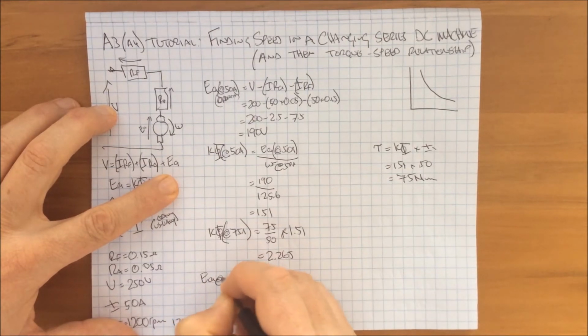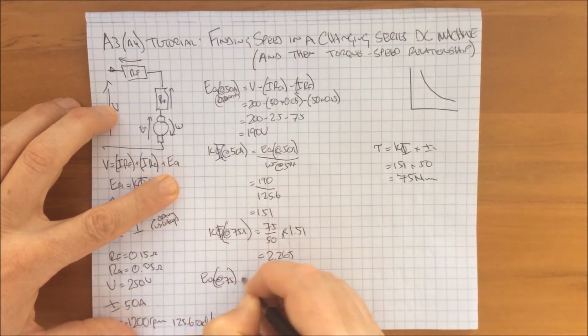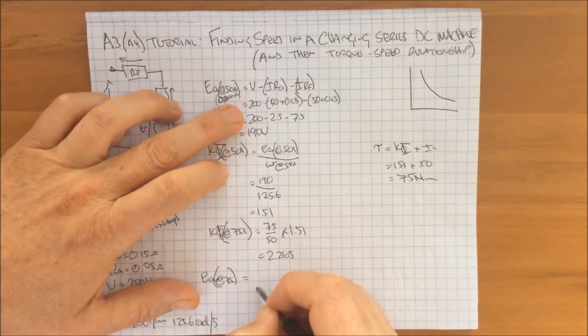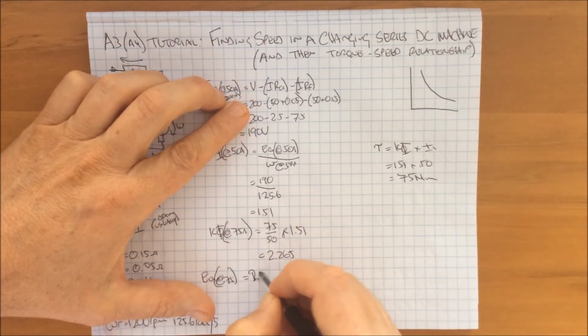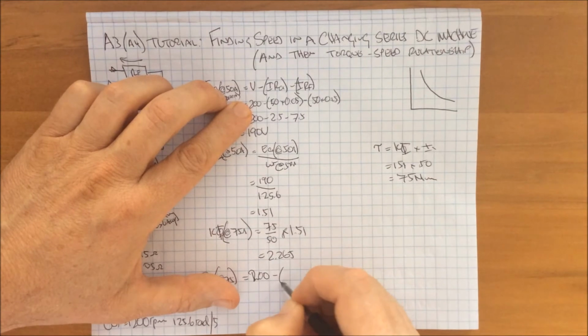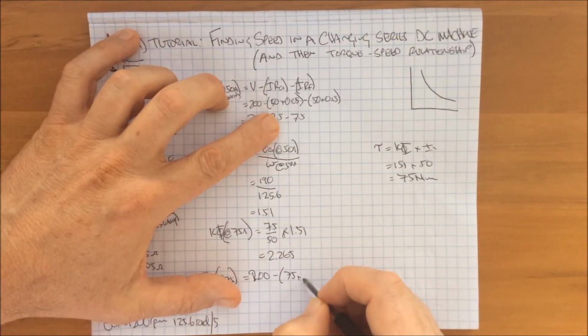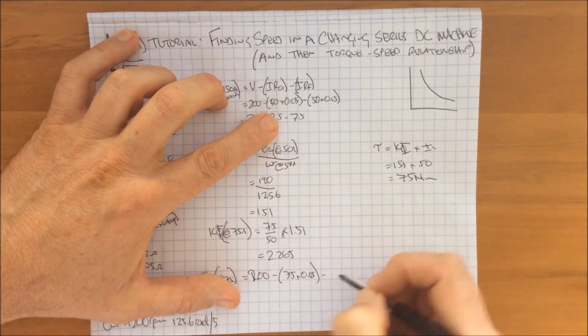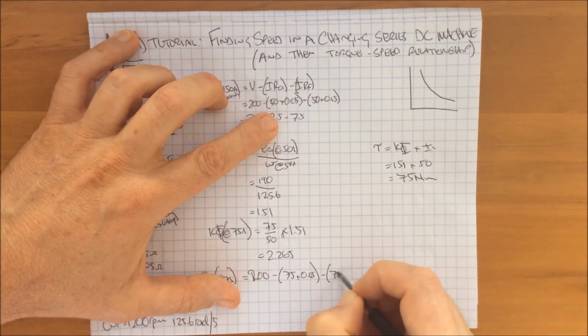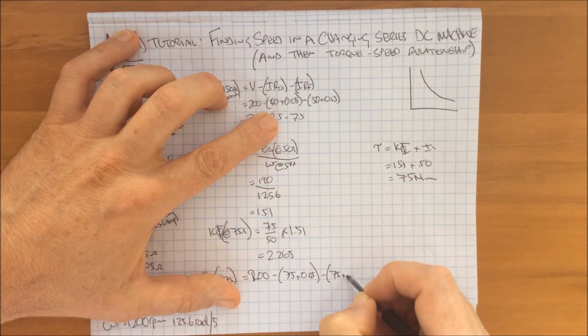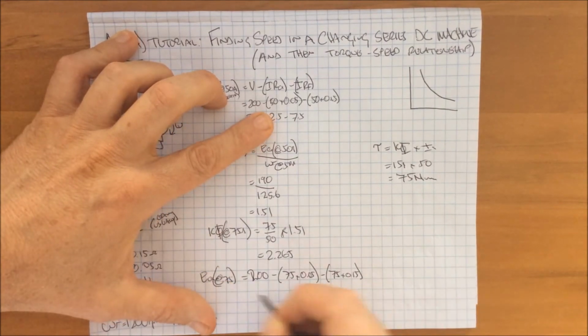So our new back EMF, EA at 75 amps, is going to be our input voltage still, minus our new current, 75, times our resistance, which again still hasn't changed.